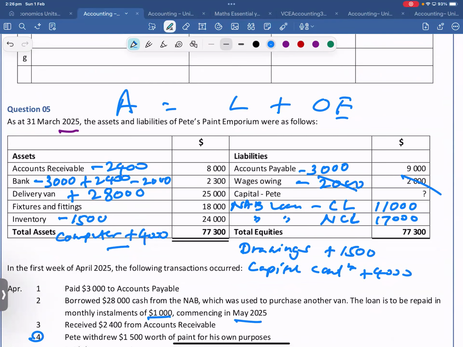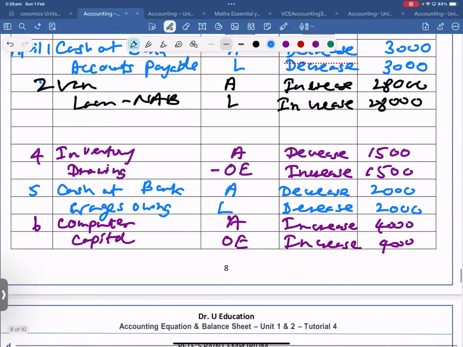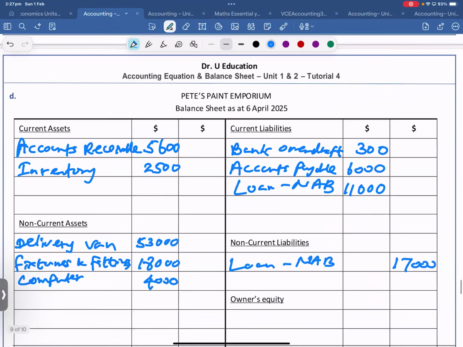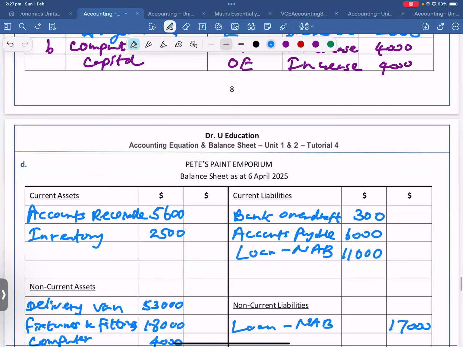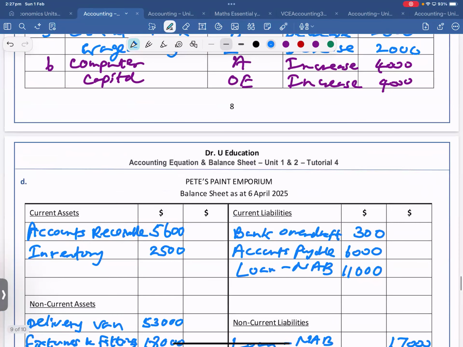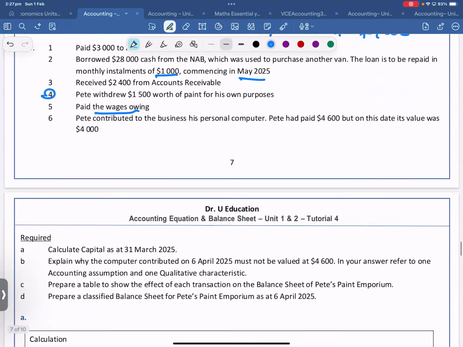Then there's a non-current liability of 17,000, loan NAB 17,000. I'll write it in the last column because there are no more non-current liabilities.